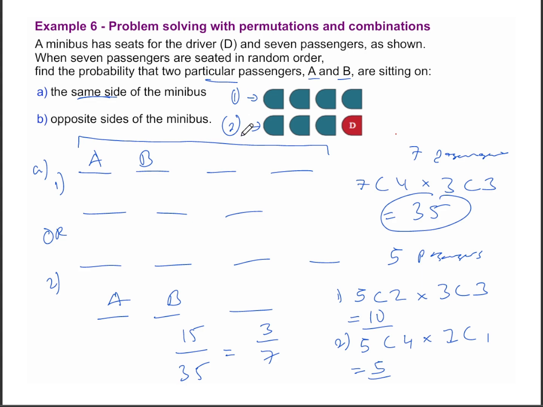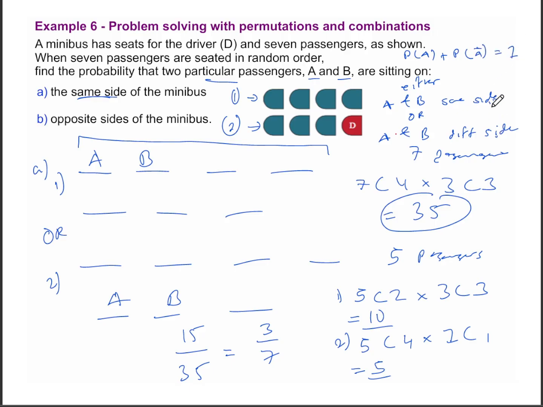And remember, because there are just 2 sides, the opposite of them being on the same side is that they are on opposite sides. So there are only 2 options: either A and B on the same side, or A and B on different sides. And remember how the probability of an event plus the probability of its complement is equal to 1.